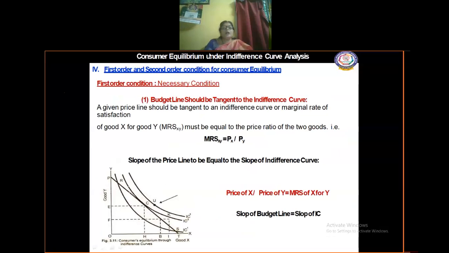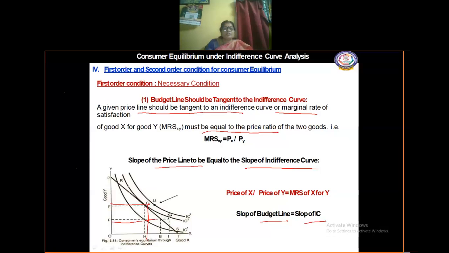Now, the first order condition is a necessary condition where the budget line should be tangent to the indifference curve. A given price line should be tangent to an indifference curve, so the MRS must be equal to the price ratio. Then the slope of the price line is equal to the slope of the indifference curve. So the slope of the budget line is equal to the slope of IC. Now you can see this line touching.